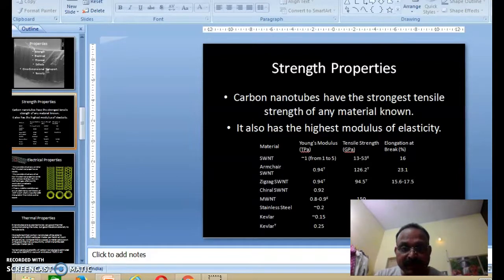Here we have different properties like Young's modulus, tensile strength and elongation at break. The various properties vary from one variety to another, like armchair, zigzag and chiral type of single wall nanotubes and multi-wall nanotubes, and they are compared with stainless steel, Kevlar and Kevlar T.